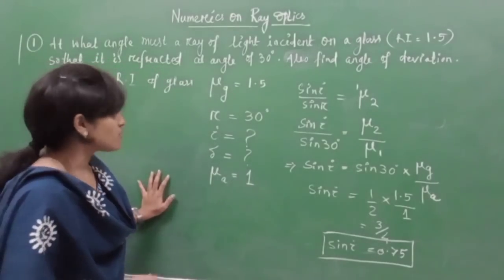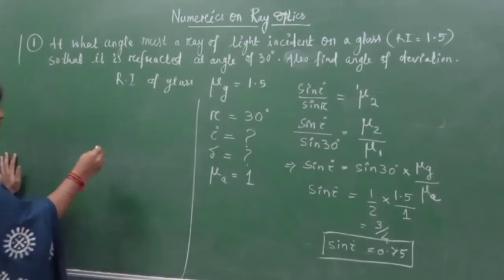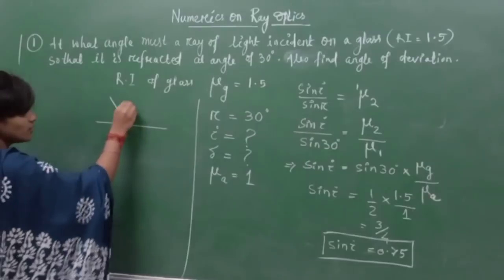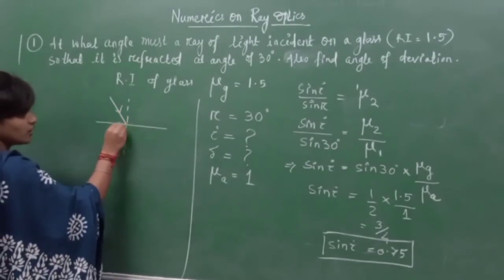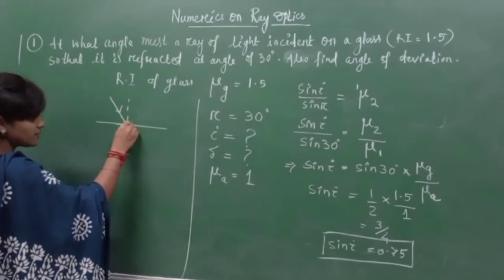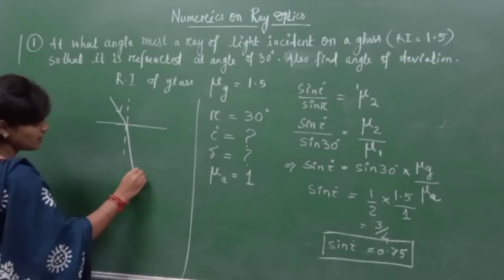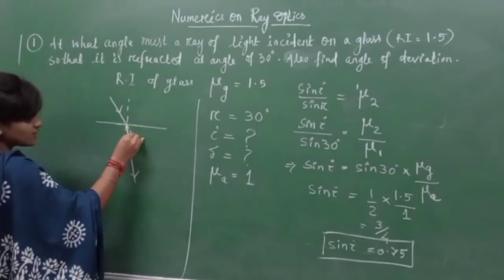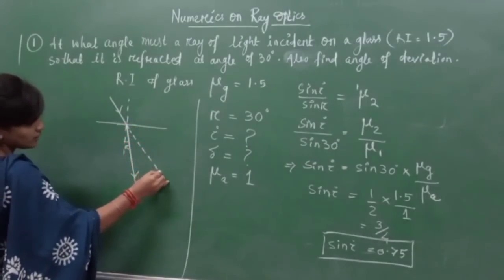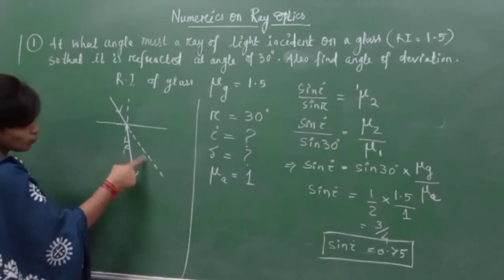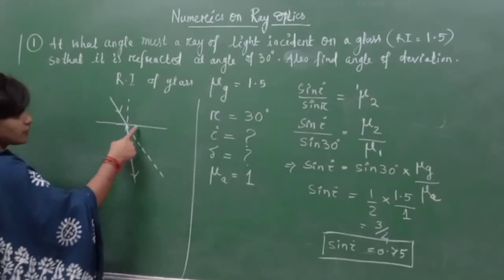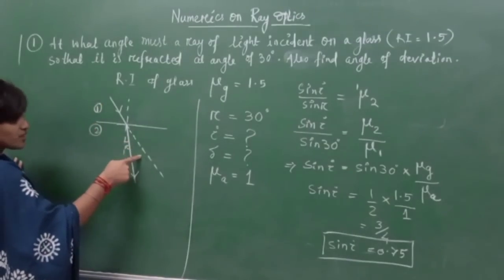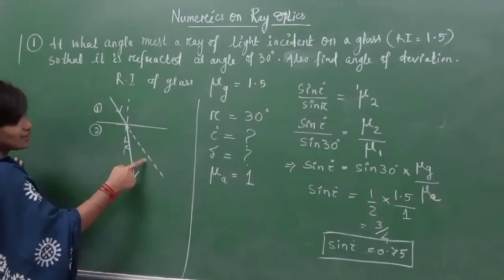To find the angle of deviation, you have to remember that if a ray is incident on an interface and is refracted through angle r, then the original incident ray would go in its original direction if the second medium were absent.